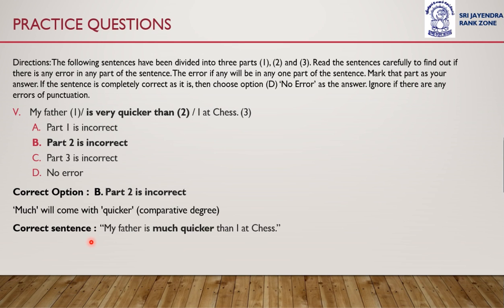Therefore, the correct sentence will become: my father is much quicker than I at chess. And part B is the correct option. Part 2 is incorrect.